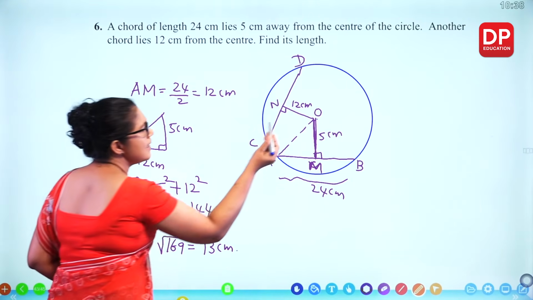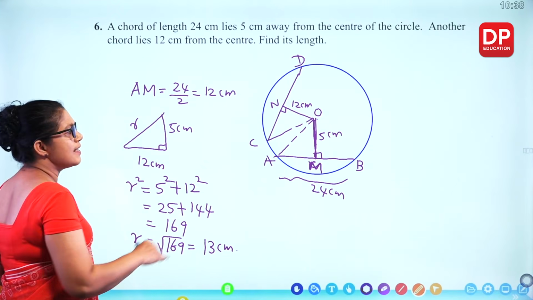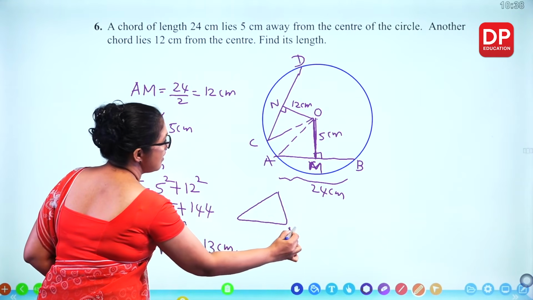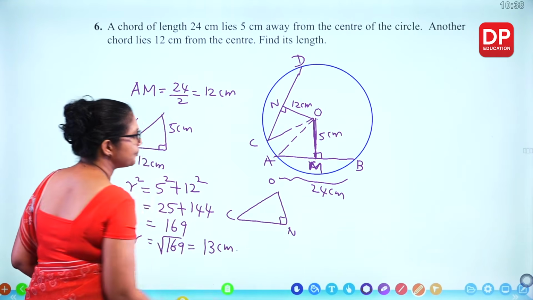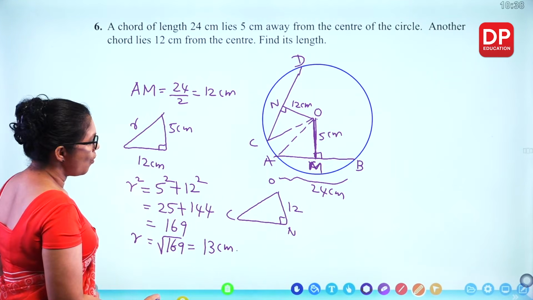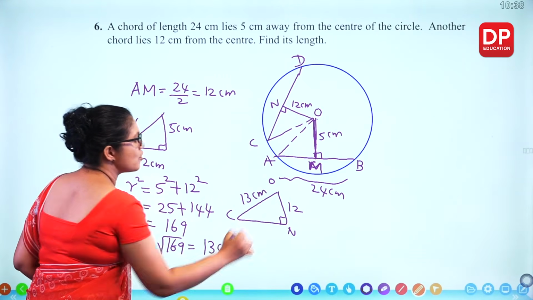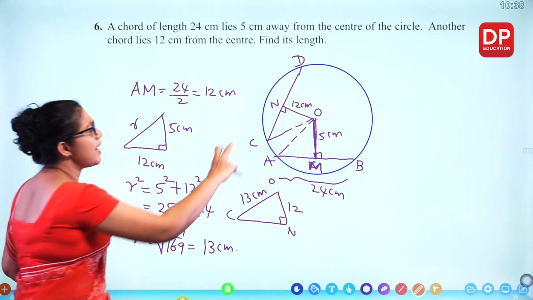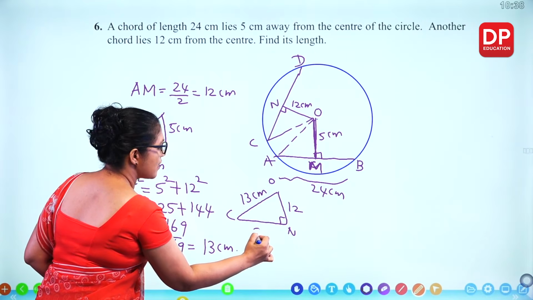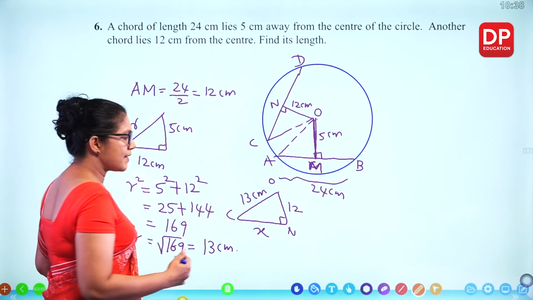Now we can think about this triangle. This is also radius. So when you take this triangle, NOC triangle, what do you know? We know this is 12 and OC, the radius we already found, is equal to 13 centimeters, and you can find out this length. We'll put x or something. Again, this is a right angle triangle. You can use Pythagoras theorem.